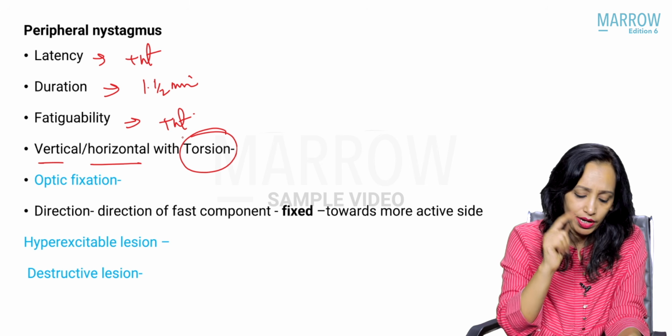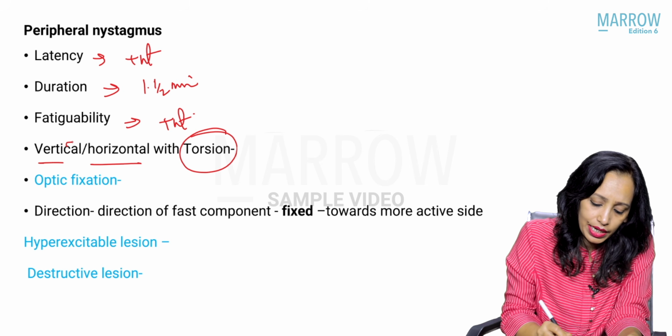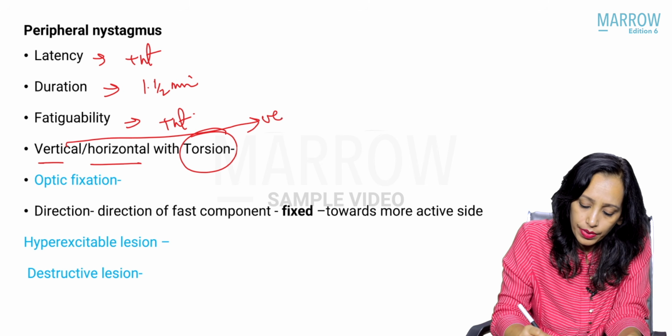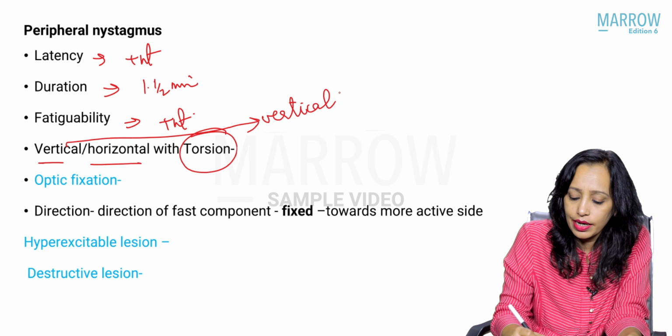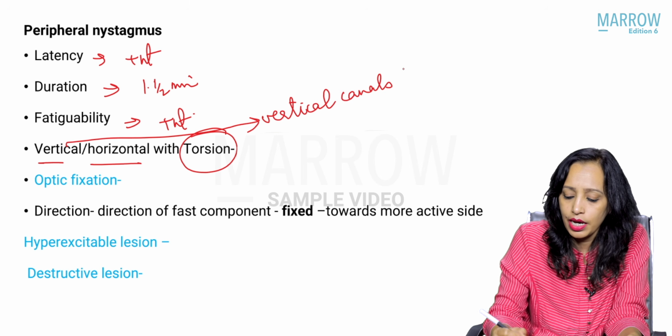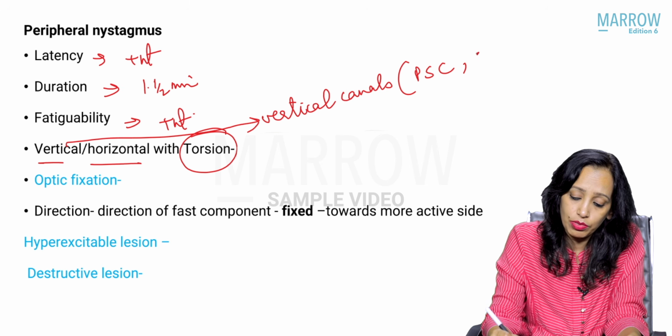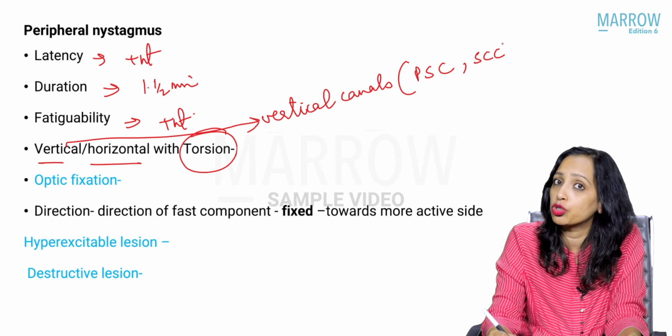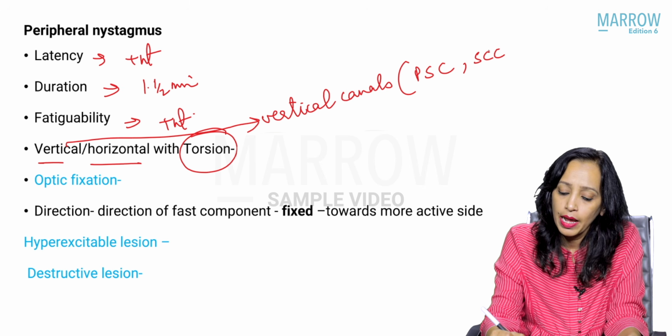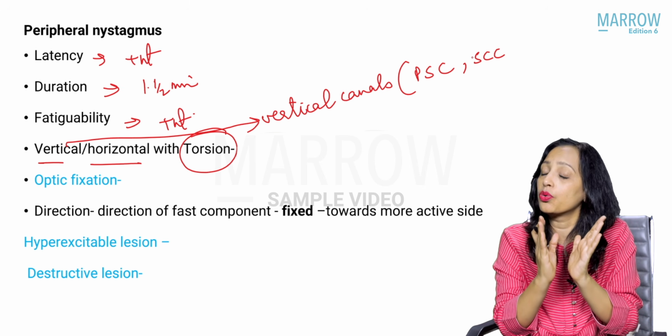Yes, so whenever the vertical canals are involved. What are vertical canals? Vertical canals are the posterior semicircular canal and the anterior semicircular canal, that is the superior semicircular canal. Anterior is also known as superior, and superior is also known as anterior. Yes. So these are present in a vertical orientation.